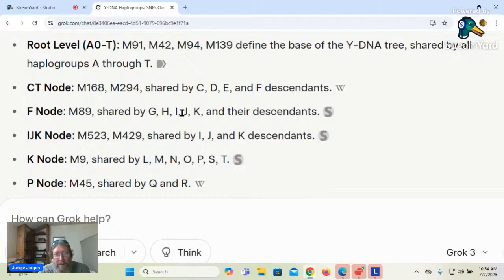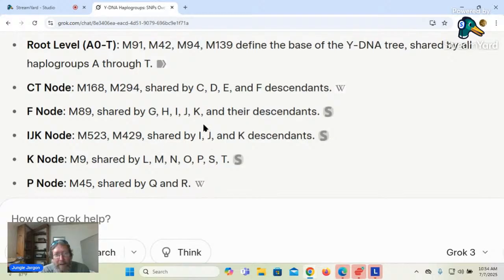The only marker lost here would be the IJK marker, the M523 and the M429. These identify the lineage of IJ and K. K meaning K, L, M, N, O, P, Q, R, S, and T. But then of course, they have their own marker, M9.